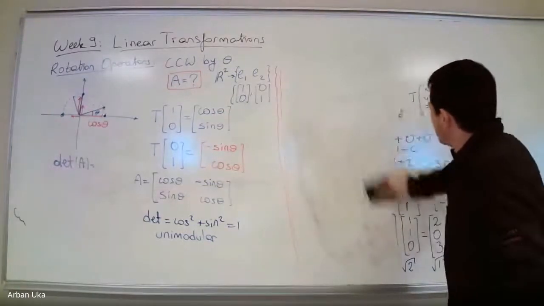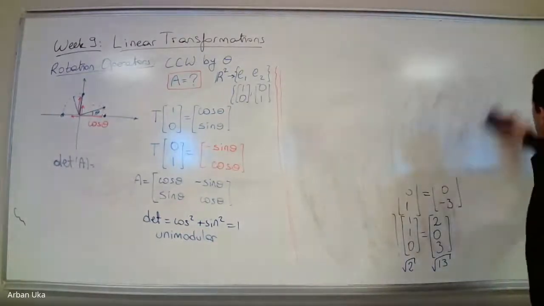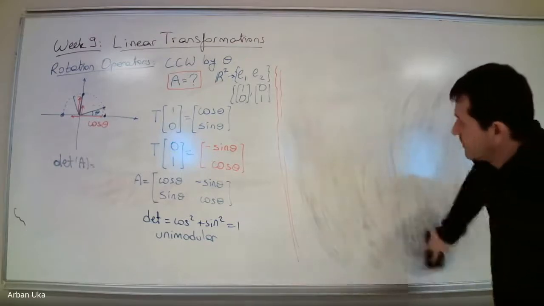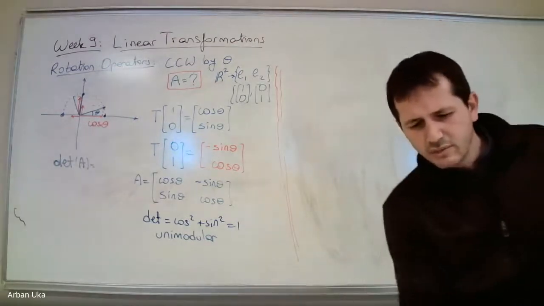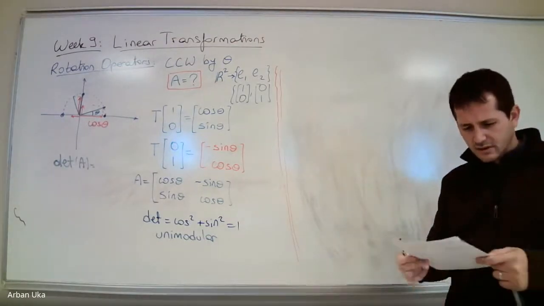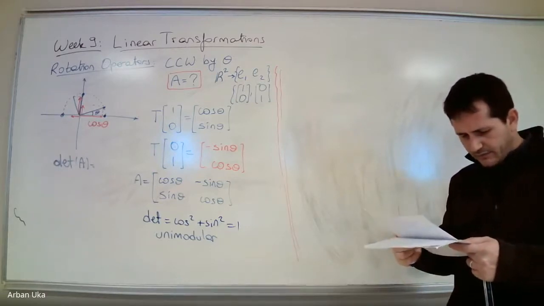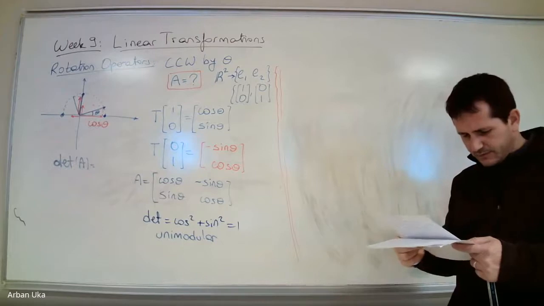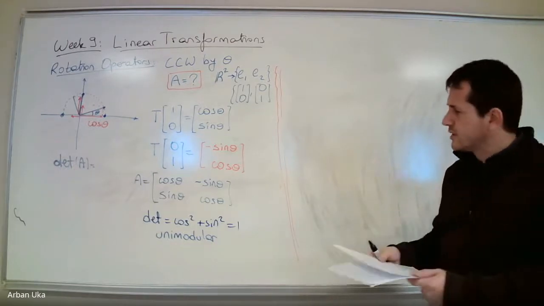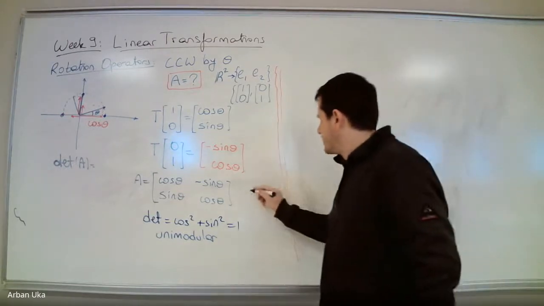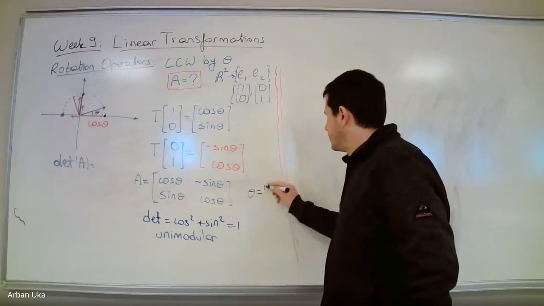They have many properties. You can read a lot about these. You can study together a lot of the properties that they might have. Now, let's think for a moment. Let's assume theta is equal to pi over 4, what do we get here?